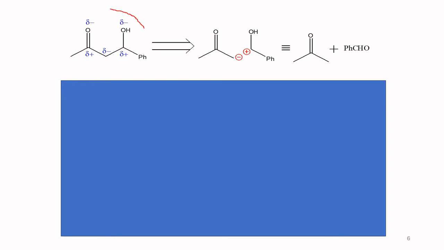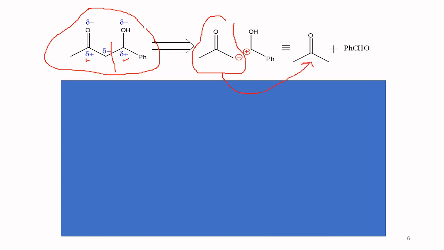So if we have this aldol molecule, we are going to have a C double bond O here. It is plus, then minus, and then plus. So we can disconnect the molecule at this part. We disconnect at this carbon, so what we get is these two synthons. These synthons have normal synthetic equivalents: when you have minus, just add hydrogen, so it will give you an acetone.